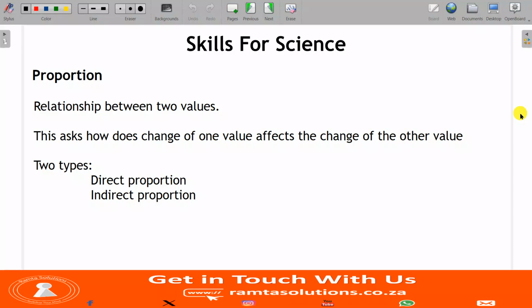Even from the formulas we use, you can see if one quantity is directly or indirectly proportional to the other. There are two types of proportion that we look at: direct proportion and indirect proportion. Without any waste of time, let's get into it.